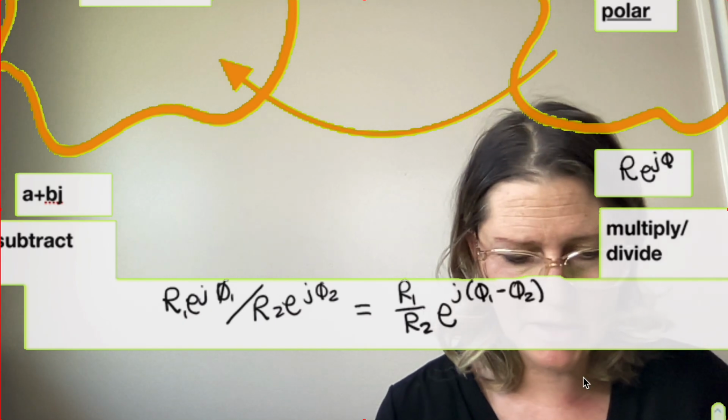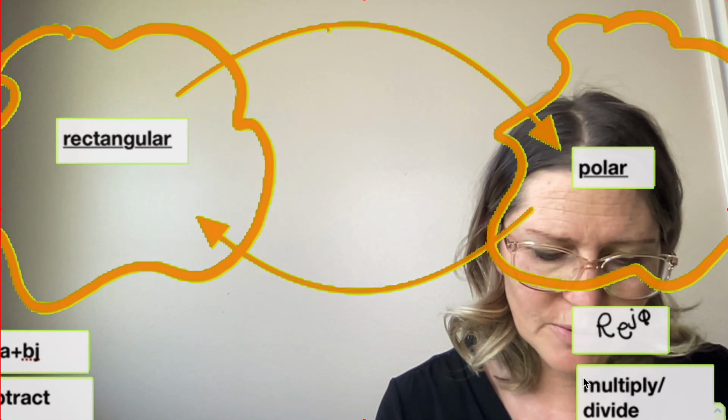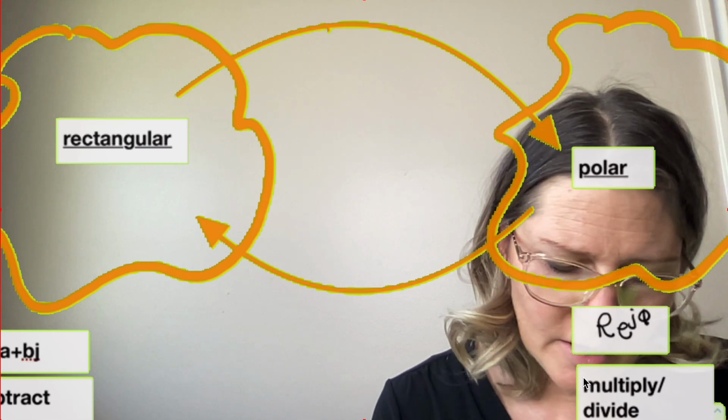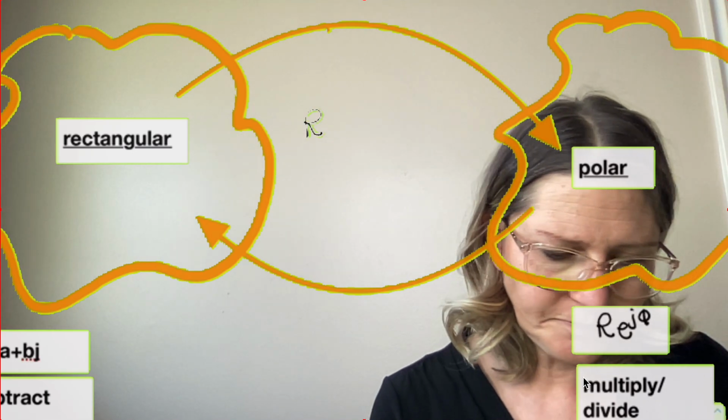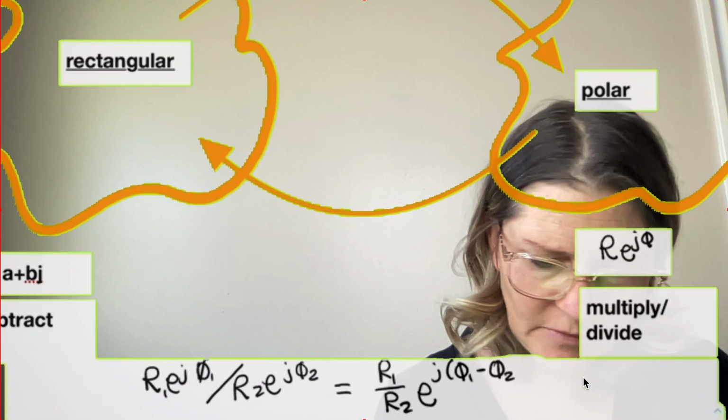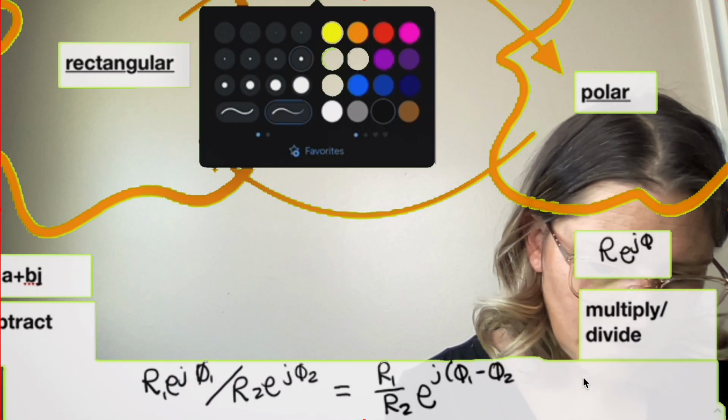And then you have a method of transferring between each one where the r value, let me erase this.